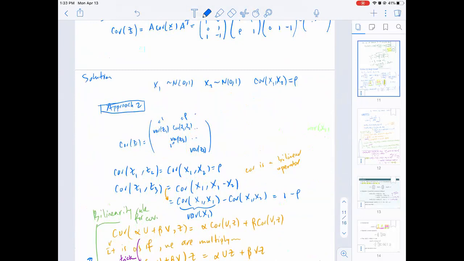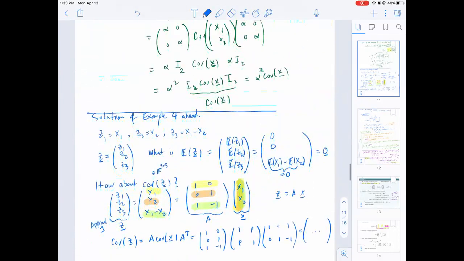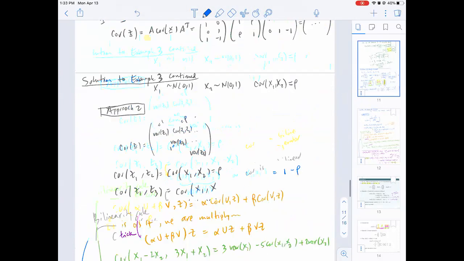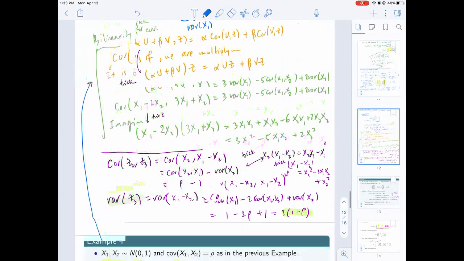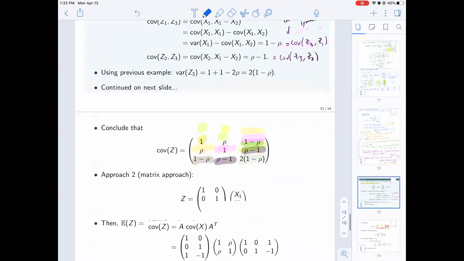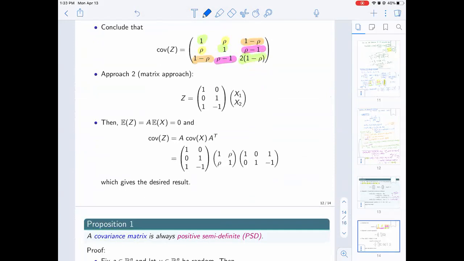Solution to example 3 continued. So let me know what this is. So this was part of the solution. Sorry, example 4. This is the second half of the solution. Okay, so go through this example. This is all you need to know about this subject.